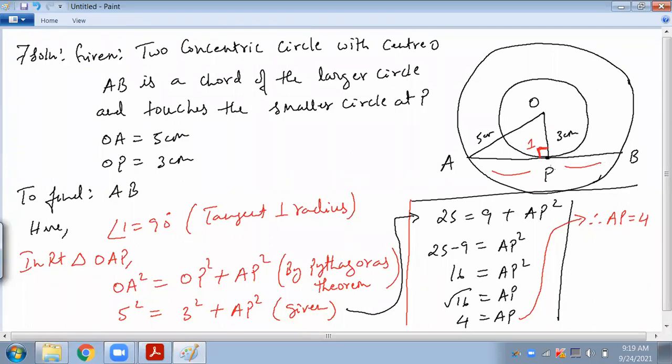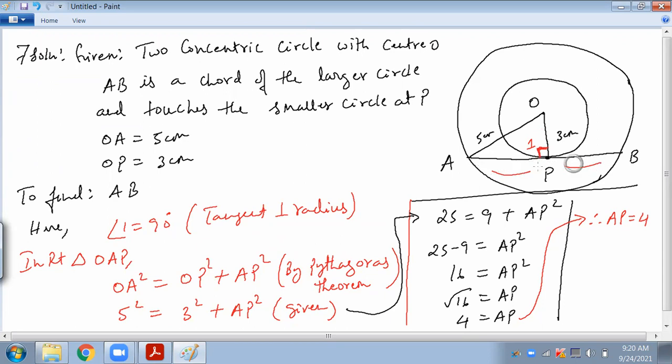That means AP and BP are equal. And if AP and BP are equal, we can directly take AB equal to twice AP or twice BP.